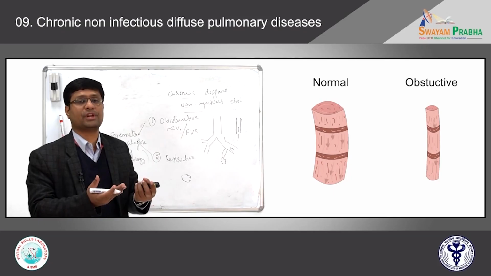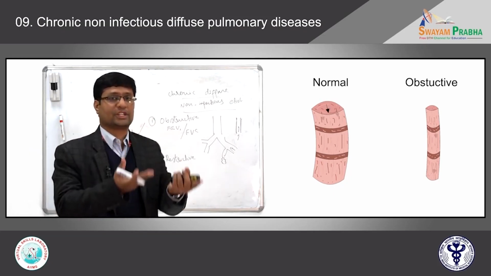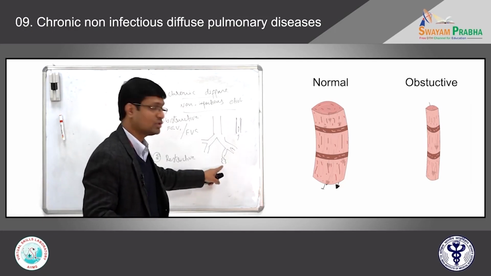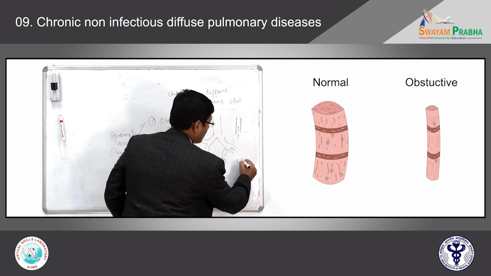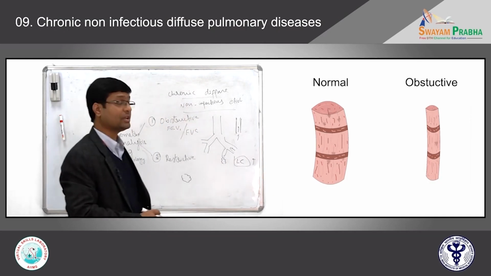So the forced expiratory volume, that is the volume you expire in 1 second, will be affected. What happens to the lung capacity? The vital lung capacity will be increased. How will it be increased?